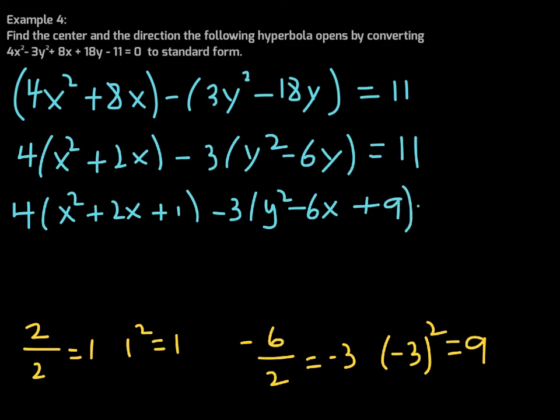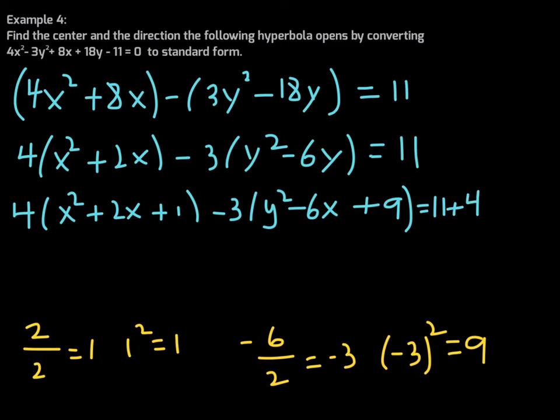Now, you're going to have to be very careful here to add the same numbers to the right-hand side. I know we wrote a 1 here, but in essence, we actually added 4 because 4 times 1 is 4. So we really added 4 to the left-hand side, so you need to add 4 to the right as well.